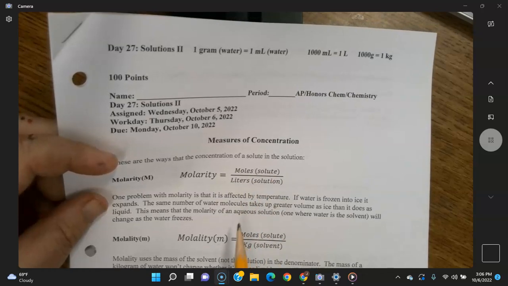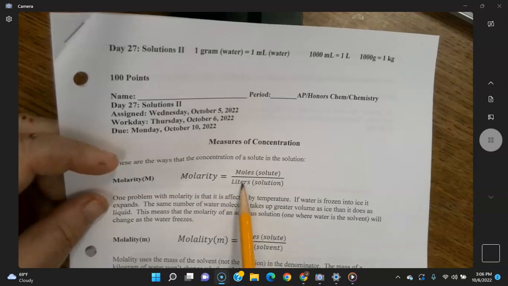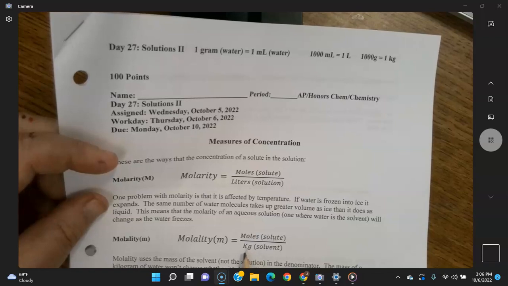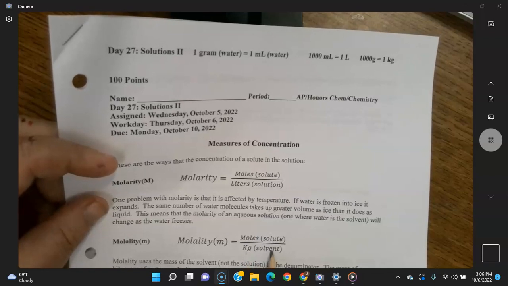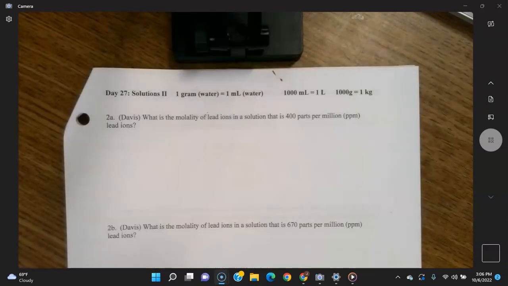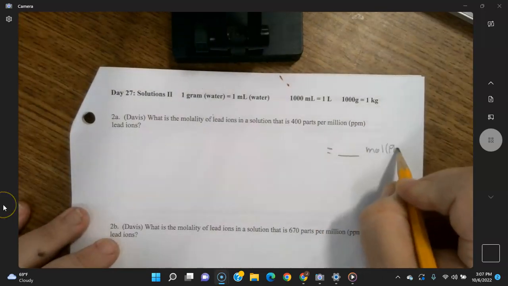Molarity is also moles of solute in the numerator. The difference is molarity is liters of solution and molality is kilograms, that's a weight of the solvent. In almost all cases, that's water, H2O. So it's different denominators.